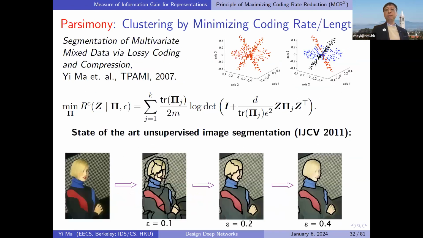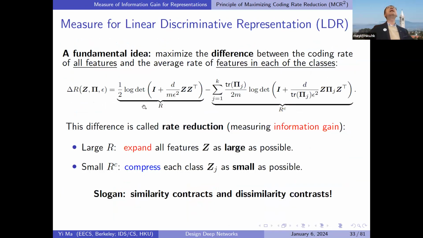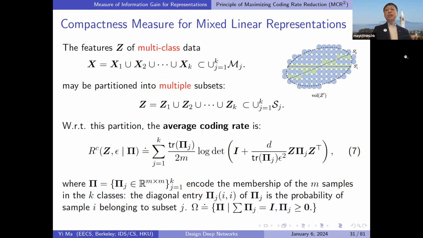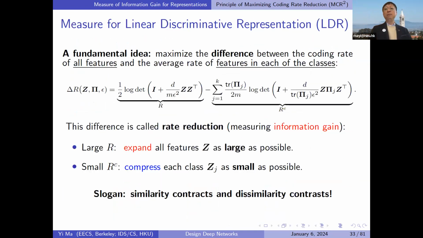I can compute this, that's the formula that gives me the volume, the number of bits I need to encode all the data as a whole random world. If I can find the structure in the data, there are k classes, or ImageNet has 1,000. Human adults remember about 30,000 classes of objects. Well, fine. If I can partition the data into proper classes, the measurement will be much smaller, right?